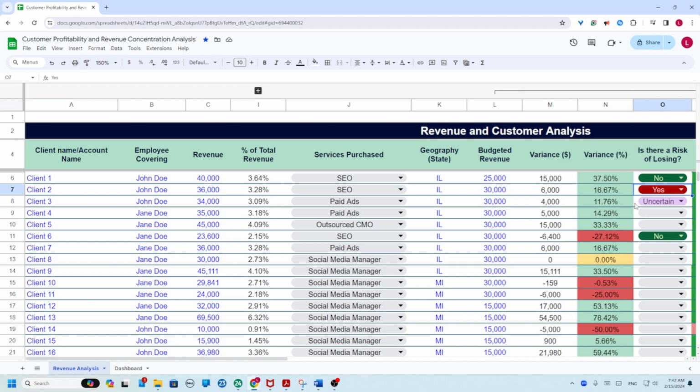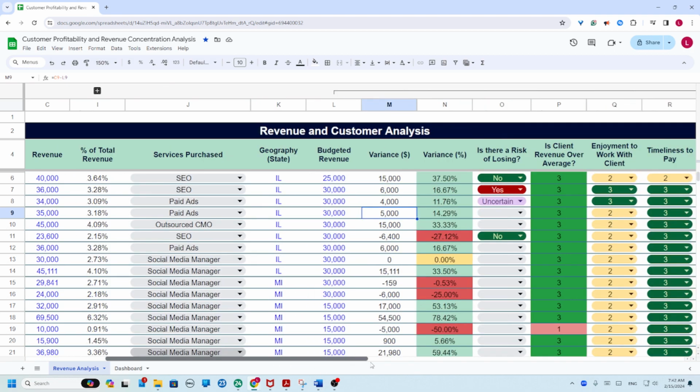I need to figure out, okay, can I live without this client? Can I let them go? Or are they the type of client that if we lose them, we're gonna be bleeding 5-10% of our revenue, right? And make sure that that's not gonna happen, right? So that's a very critical point when we conduct our analysis.